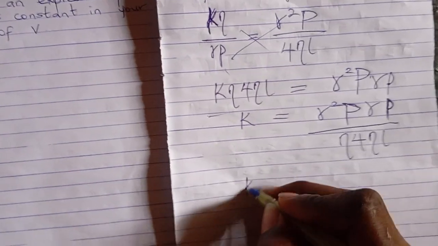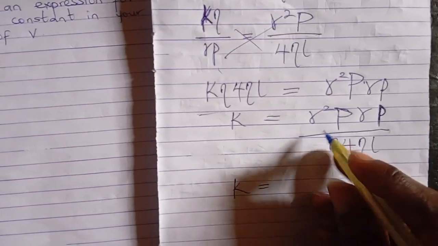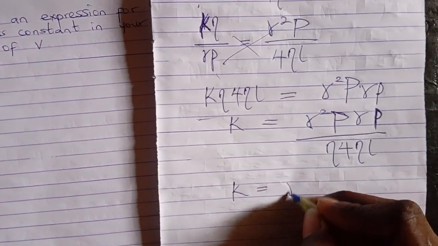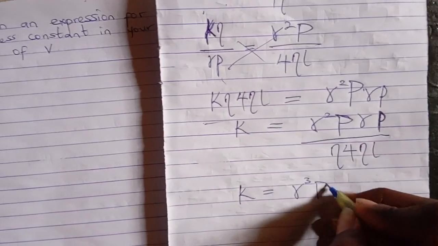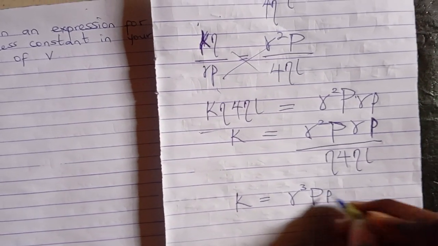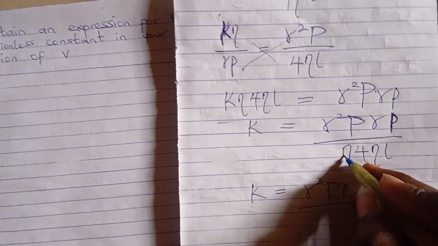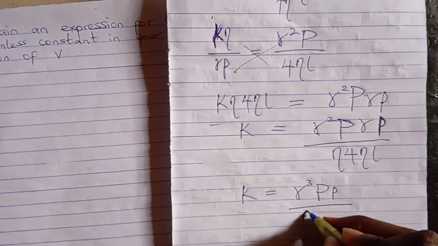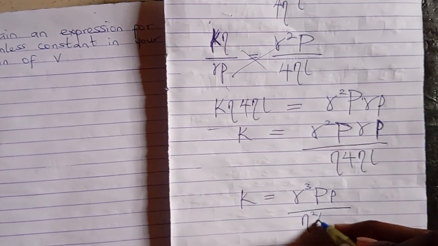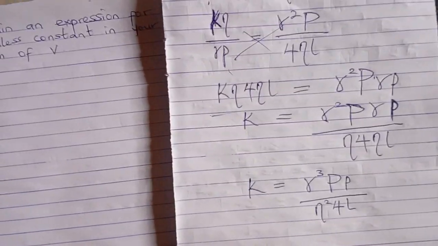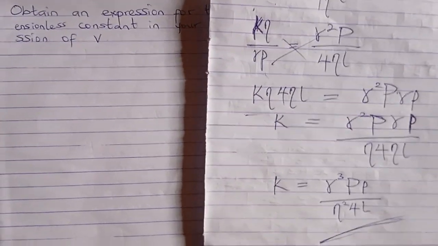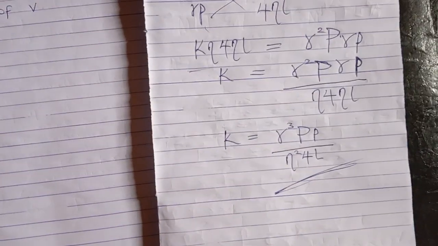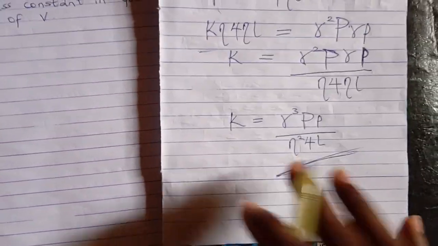Now remember, we can use the law of indices to collect this: r squared and r is the same as r cubed. Then capital P, small ρ, all over η, that is coefficient of viscosity, squared, 4L. So this is our expression of k. This is the answer we have.